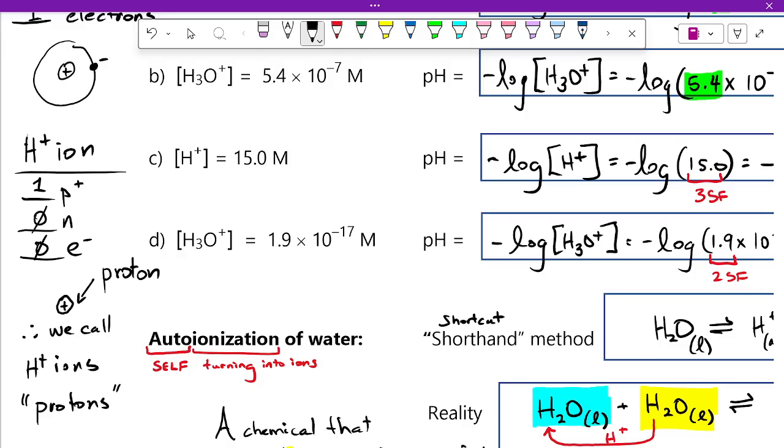It's not repelling anything. If you go to, say, helium, now you have 2 protons. Those are going to repel each other, and so that's why you need the 2 neutrons that generally go in there. Okay? All right. So we call hydrogen ions protons.